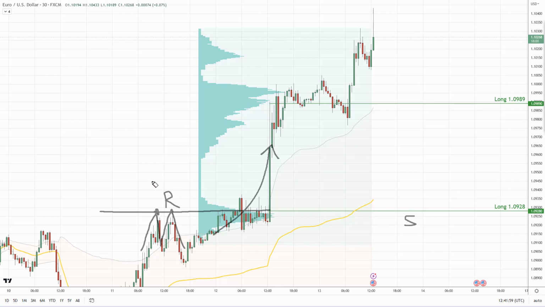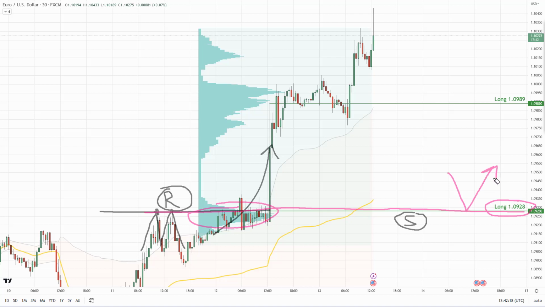That's what happens when a resistance gets breached. So this is a price action setup that confirms our volume profile setup. It's a combo of two setups that is saying that this should work as a strong level and the price should bounce off it. So that's for this support.